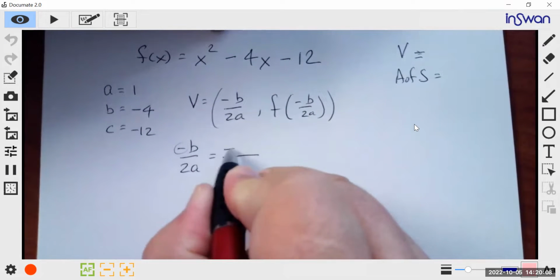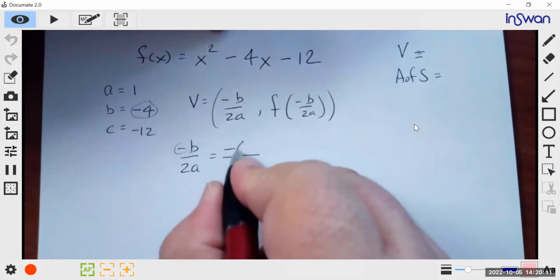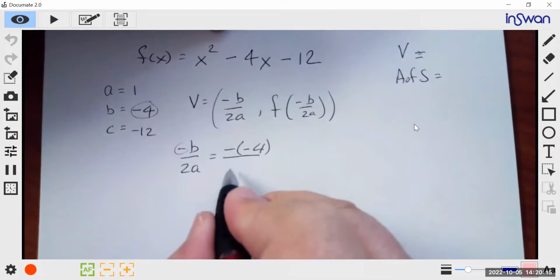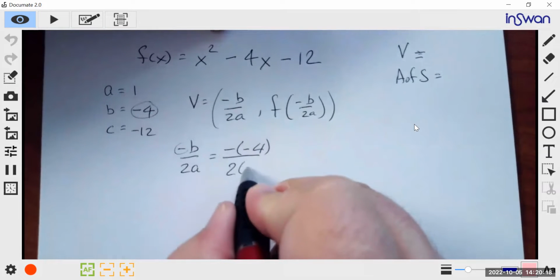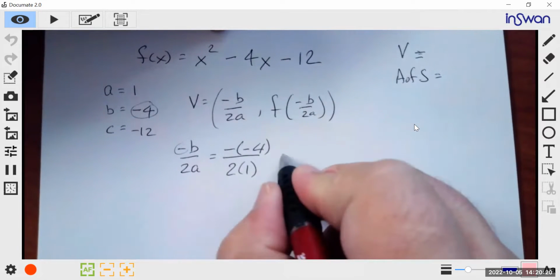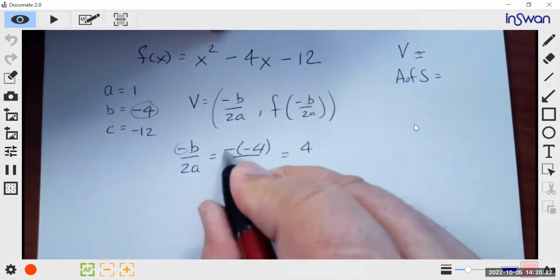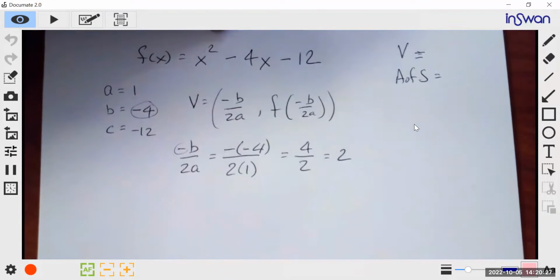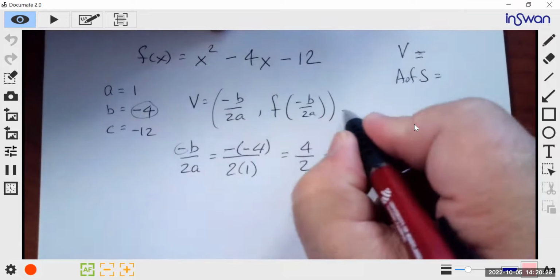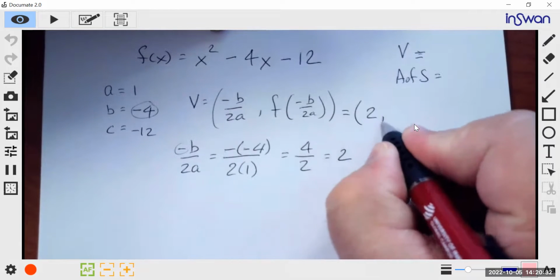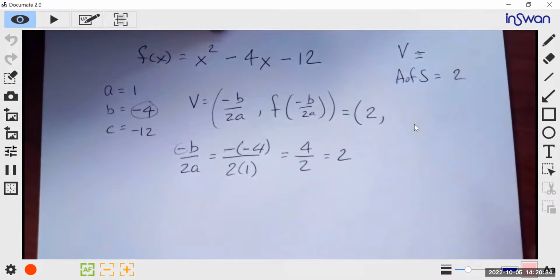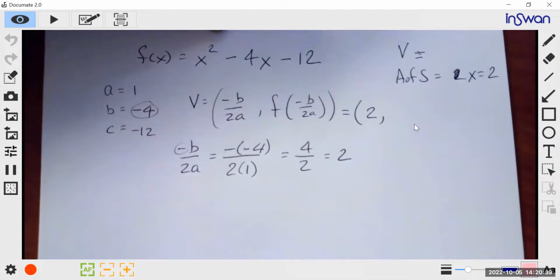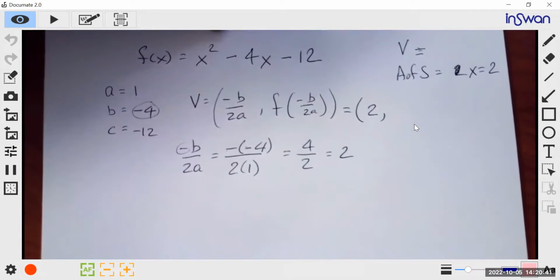The negative, B is negative 4. 2A is 2 times 1, which is 2. So it's negative, negative, negative, positive. 4 divided by 2 is 2. So the axis of symmetry is x equals 2. That's the axis of symmetry.